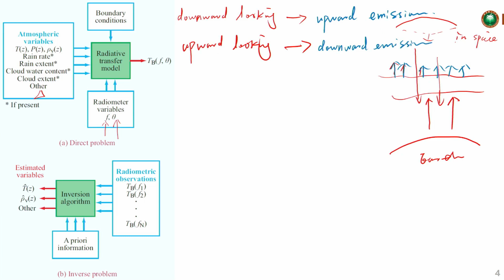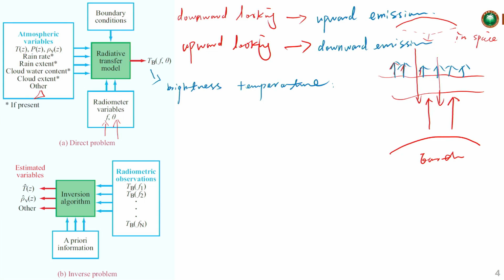Because the aperture faces upward here, so it only collects the downward emissions from the atmosphere. Then finally, we get the brightness temperature here. It is a function of the frequency and the elevation angle. And so this is the detection process by the radiometer.